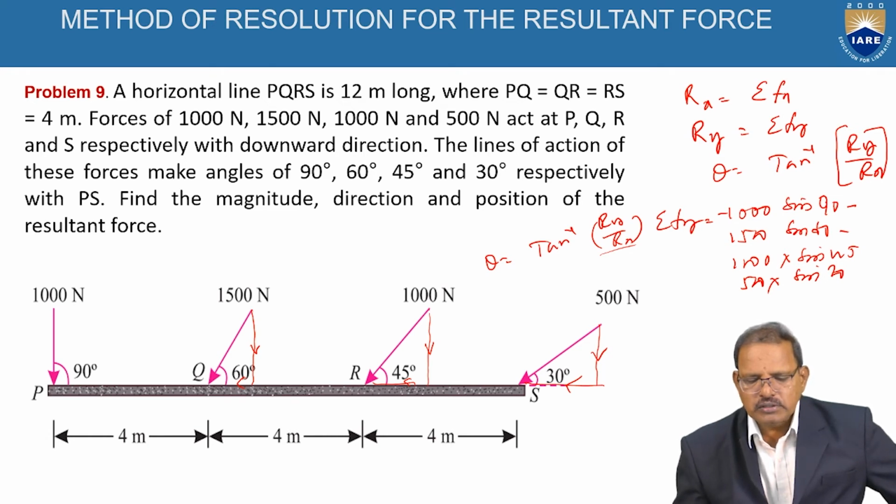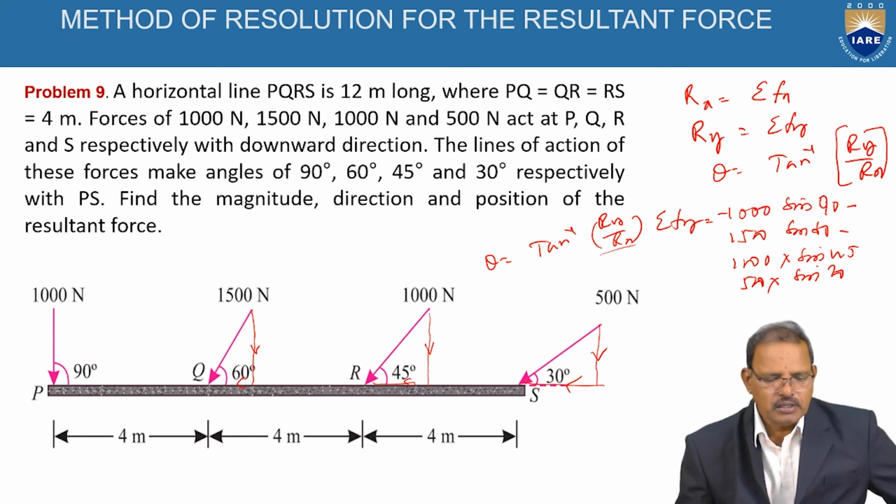The third one is 1000 into cos 45 into 8. The last one is 500 into sin 30 into 12. That is when you are taking the moments at point P.